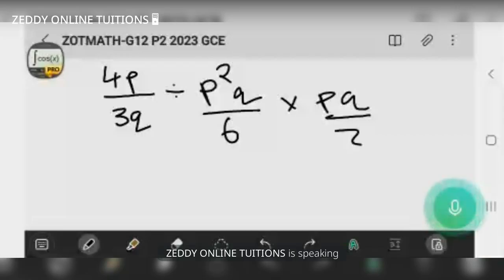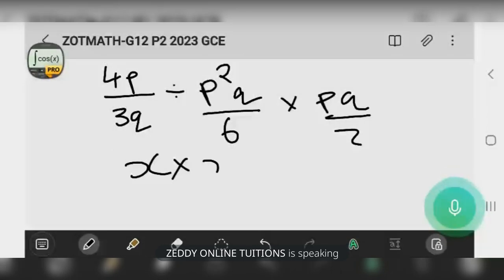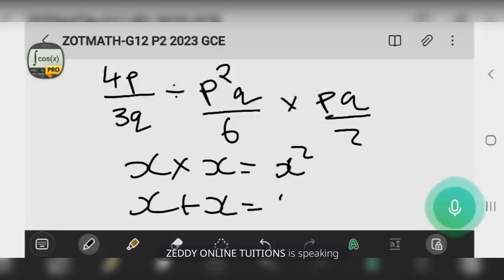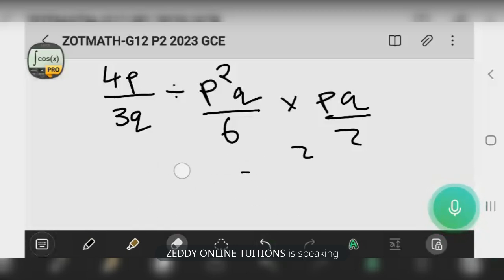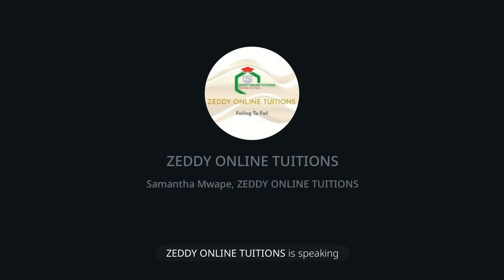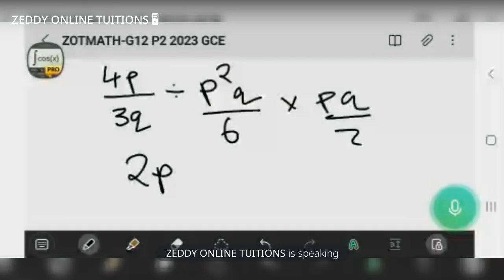But I had written, hopefully you got the point, I had written x times x is equals to x squared, and x plus x is equals to 2x. So this is what I wanted you to understand, the difference. And talking of 2p, the difference between 2p and p squared.